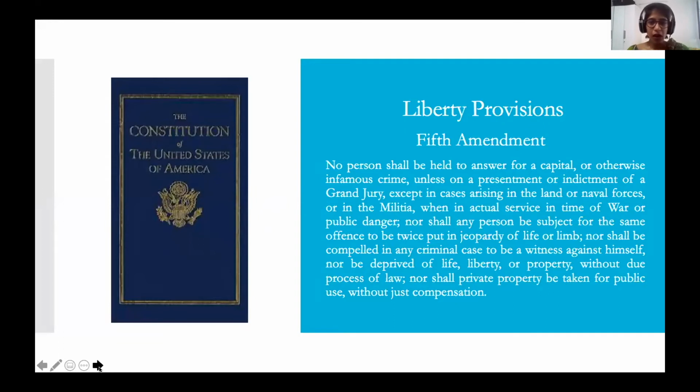So, we discussed the legal provisions in the previous session. I'm just reiterating constitutional provisions for clarity.